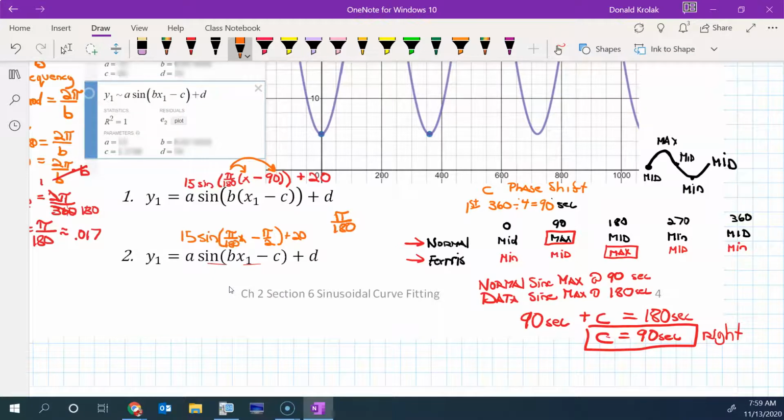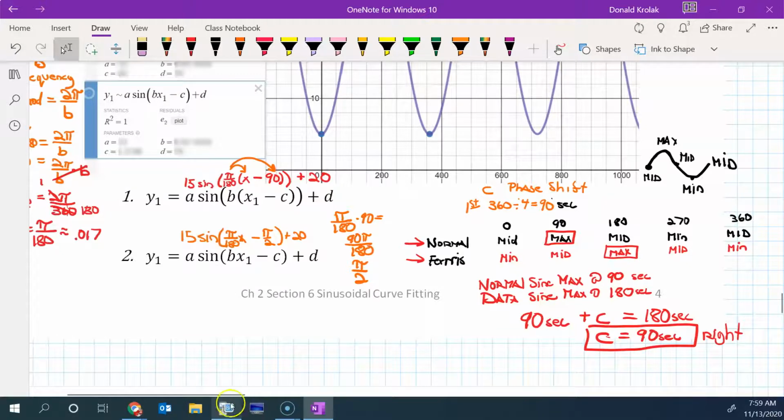Pi over 180 times 90 is pi over 2. So both of these work.